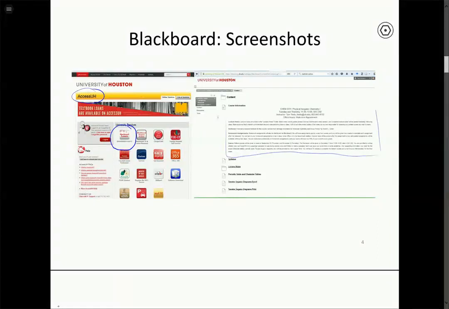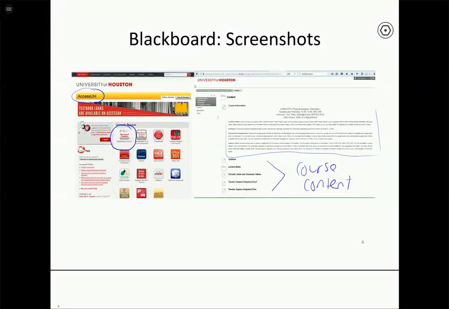And all of this stuff down here is the course content that I referred to: lecture notes, the periodic table and the character table, stuff that we'll use especially later on, and Tanabe-Sugano diagrams, which we won't use until the end of the course, but they're there already if you want to look at them. I'll start adding more things as the semester goes on, like homework assignments and exam keys. There are different folders and files you can access here, and that's where all the course content is.